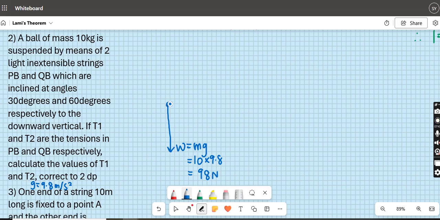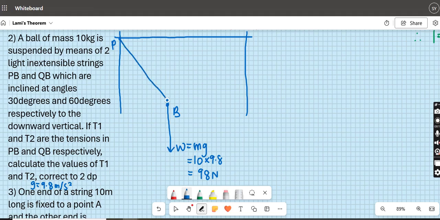Then we are told that it is suspended by means of 2 light inextensible strings inclined at 30 degrees and 60 degrees respectively to the downward vertical. If we have our horizontal, we will have our vertical lines here, and this point is going to be our B, and we can have P over here.